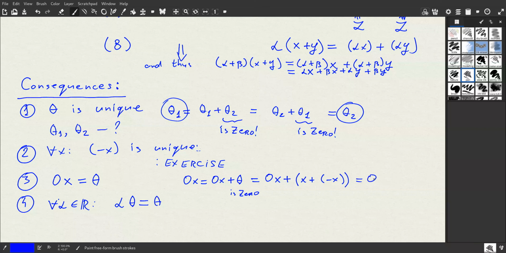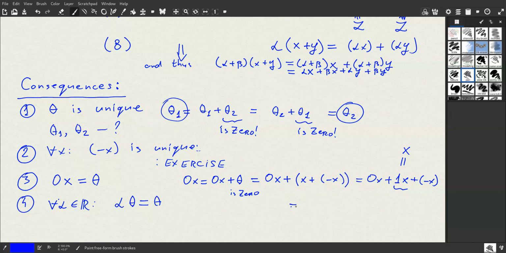Which is 0x plus x, which is 1x, plus minus x, right? Because x is 1x. That is by axiom.